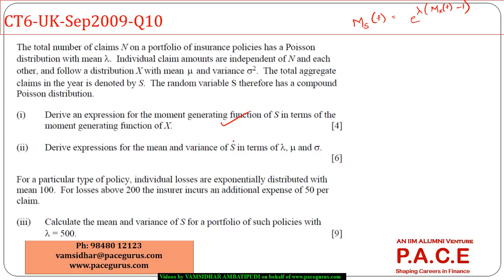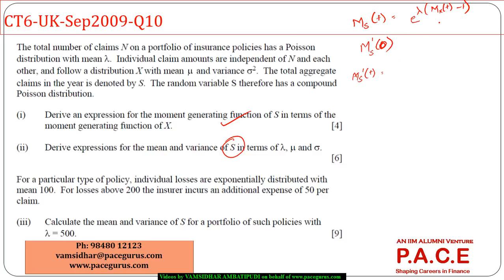Derive the expression for the mean and variance of S. Okay, the mean of S, how do you find it? M dash S of 0. From the moment generating function, M dash S of 0 is the mean. So first let me find M dash S of t.